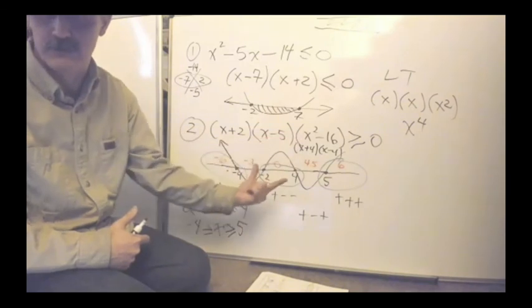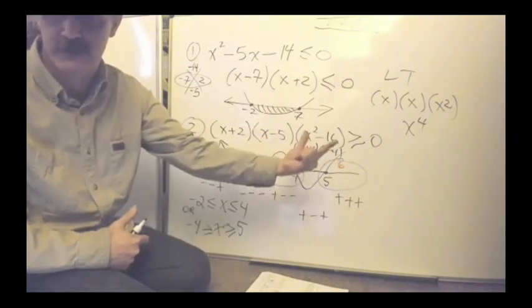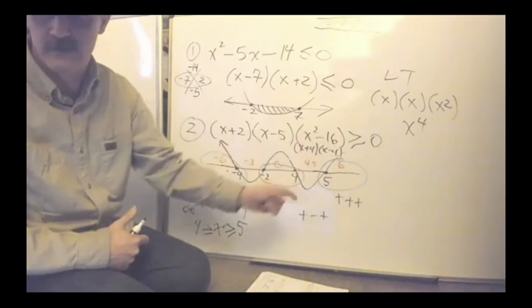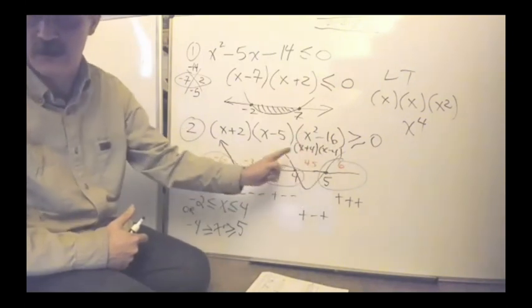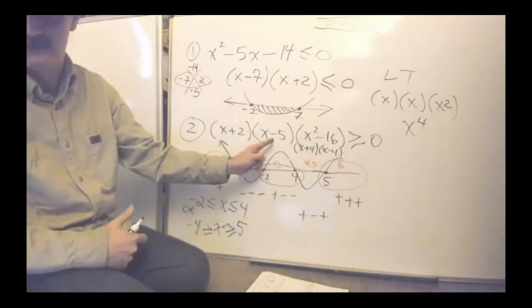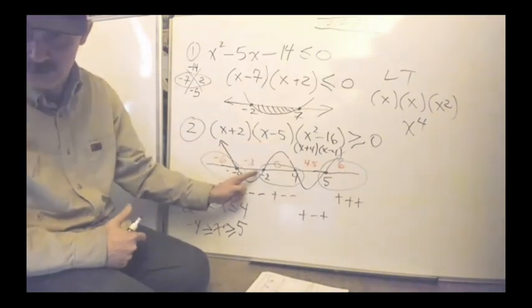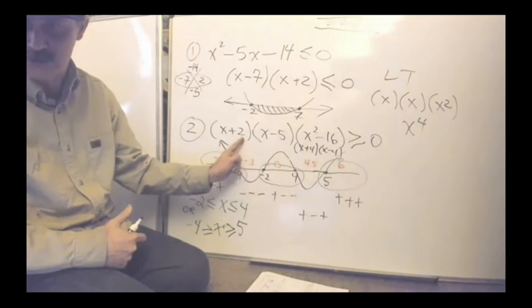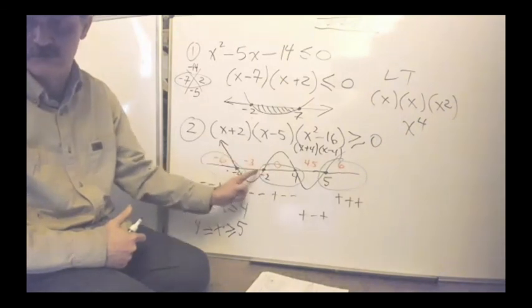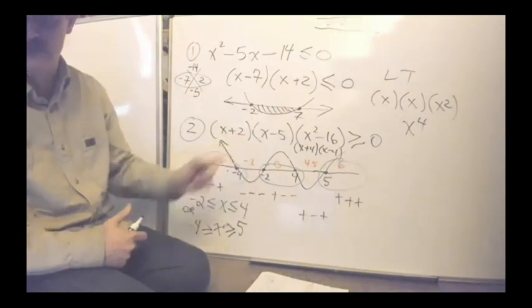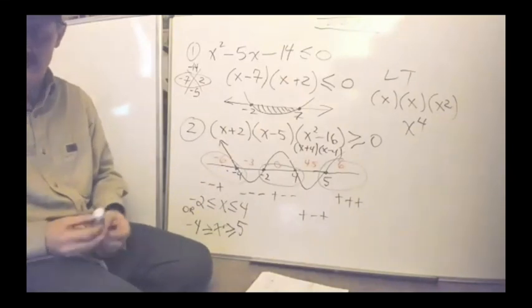So once you're in a certain region between 4 and -4, that becomes negative. Right, and as soon as you're on the other side of 5, this becomes positive. And the -2, that changes this sign. So once you're on the other side of -2, then this becomes positive or negative. Okay?